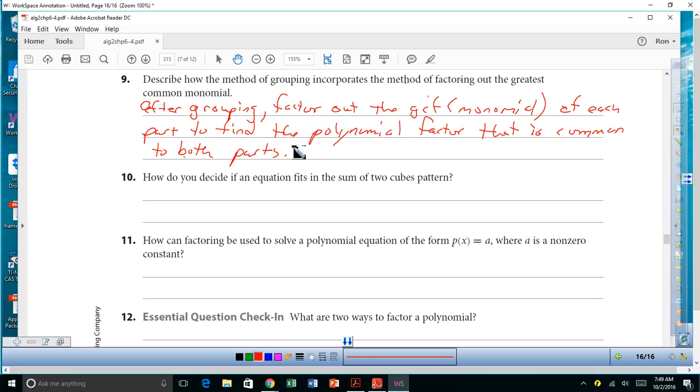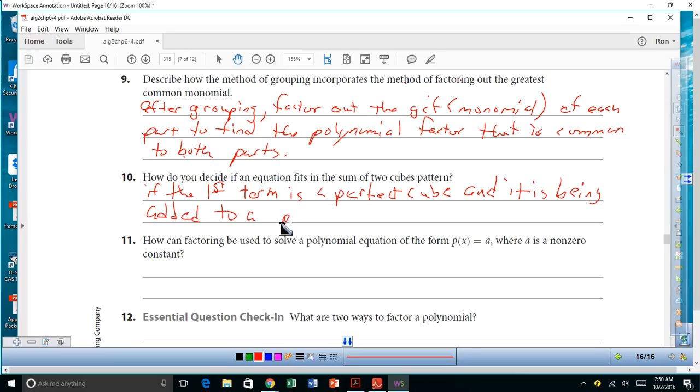How do you decide if an equation fits in the sum of two cubes pattern?